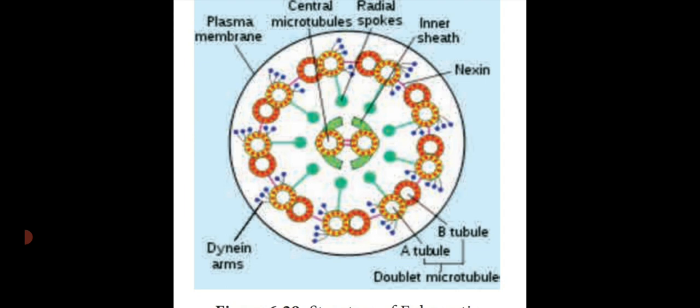Some radial spokes are also present in the microtubules. Then the central 2 pairs of microtubules are surrounded by a membrane known as the inner sheath.